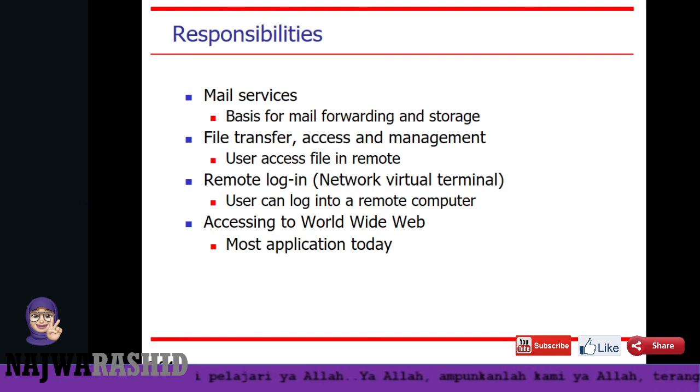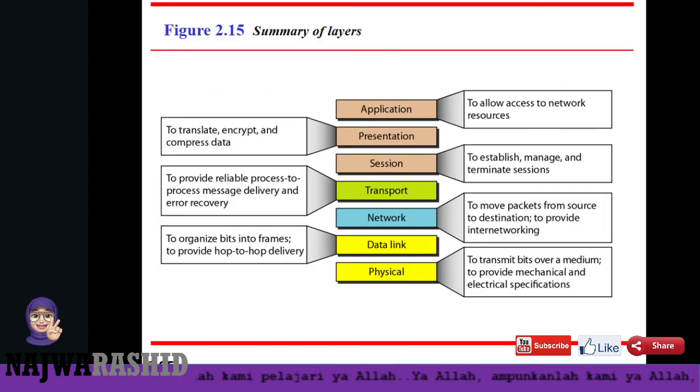Most applications today are based on the application layer, in order to transfer files, send email, surf the internet, remote to another desktop online. Those are the 7 layers of the OSI model.